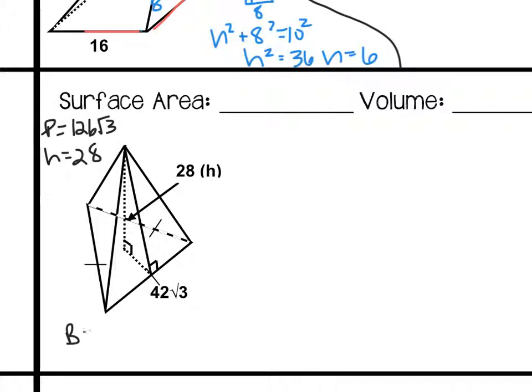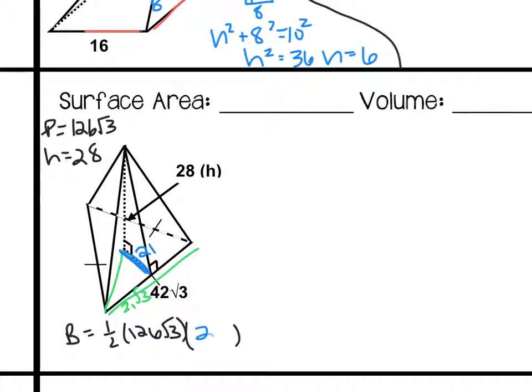Area of my base is 1/2 perimeter, which we just found is 126 square root 3, times my apothem. To find my apothem, we take the side and split it in half, so that would be 21 square root 3, which now means the blue part I just drew is going to be 21.